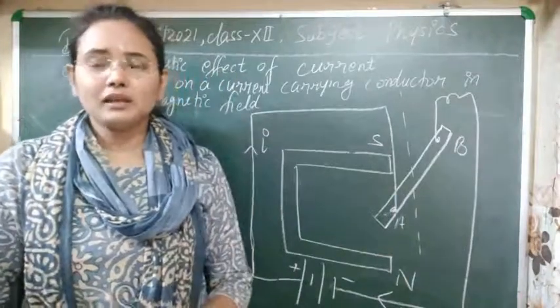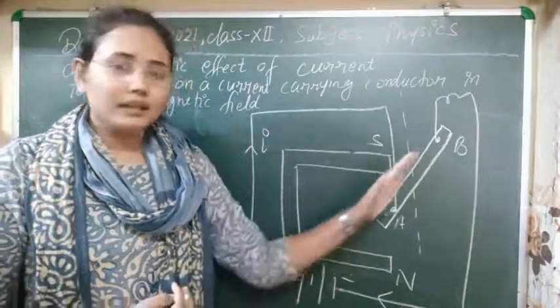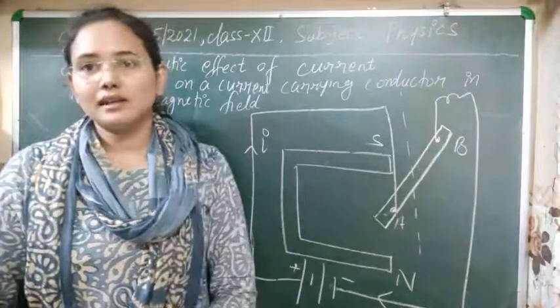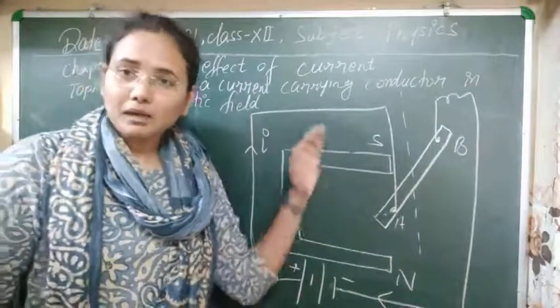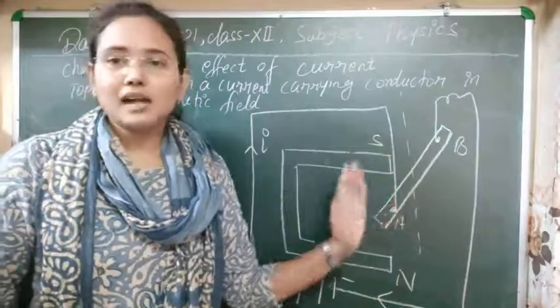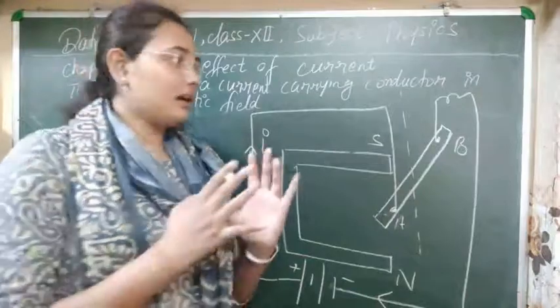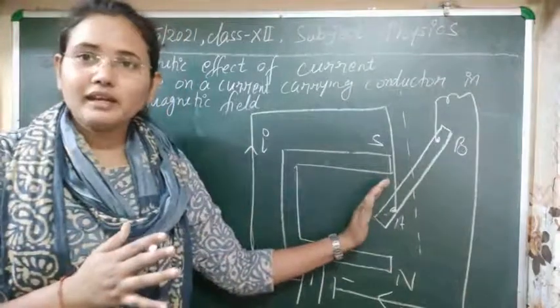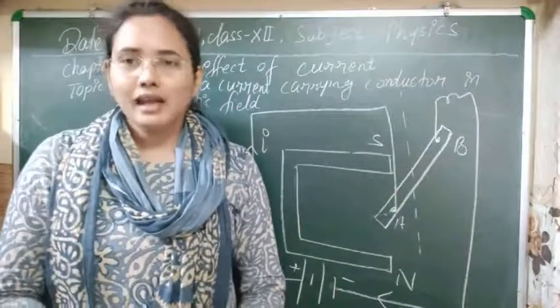normally, if there is no magnetic field or magnet present, then there is no deflection in this current carrying conductor. But when we put it into the magnetic field, then due to this magnetic field it starts to feel deflection. Obviously it is due to some force that it is experiencing.